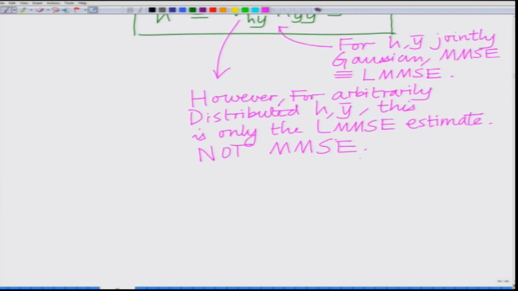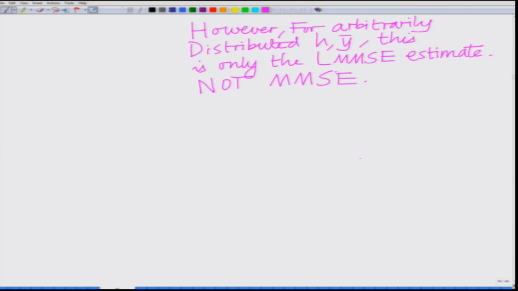This is the expression for the LMMSE estimate, which we are going to invoke fairly often. This is an important result because the LMMSE estimate is widely used in both signal processing and communications, in several applications.